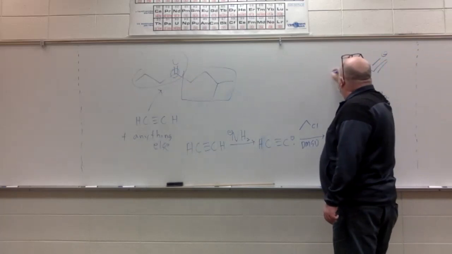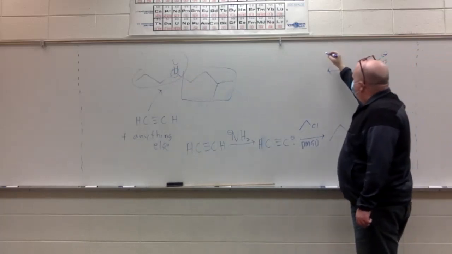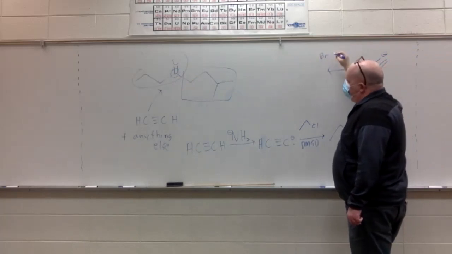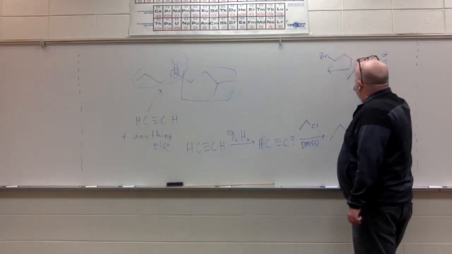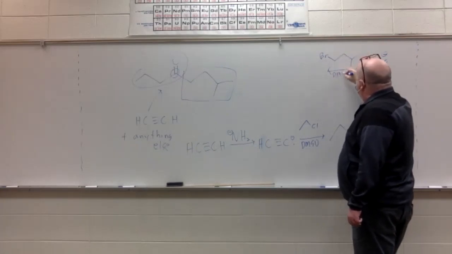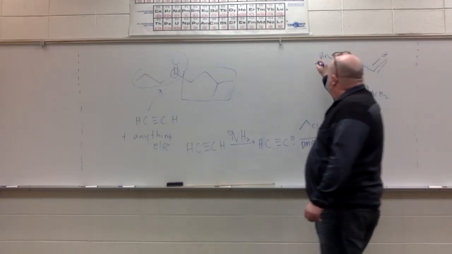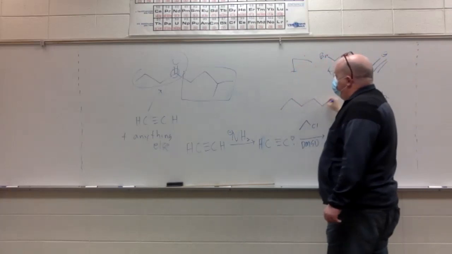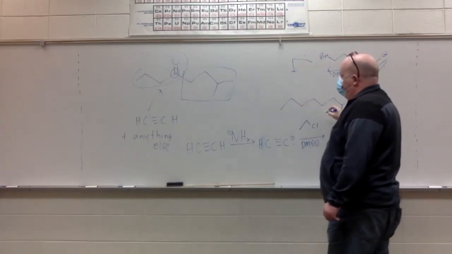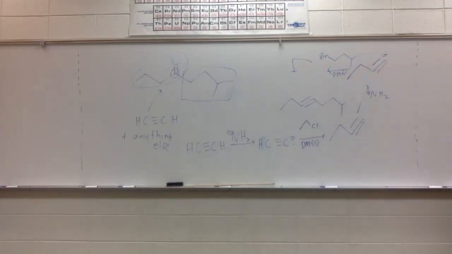Really did not do a good job of leaving myself room, but that's okay. You could do that reaction. I'll put it down here. And it would give you that alkyne.